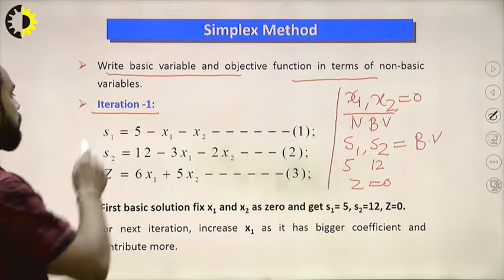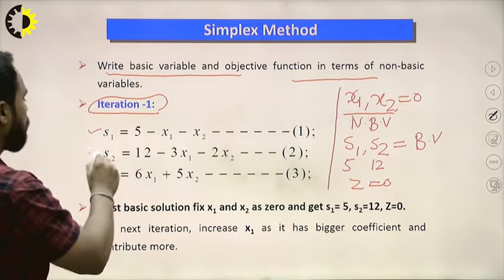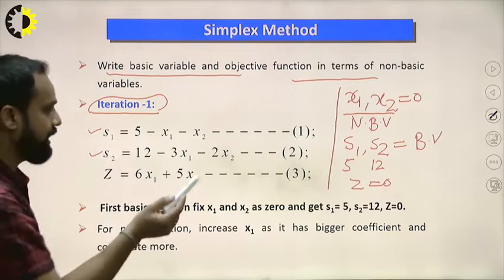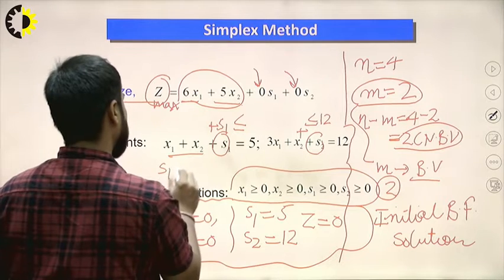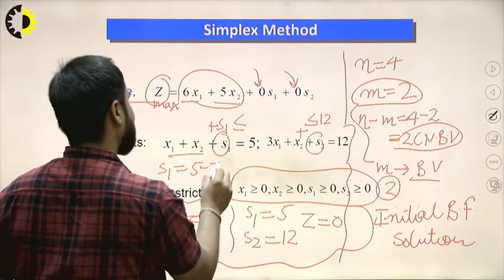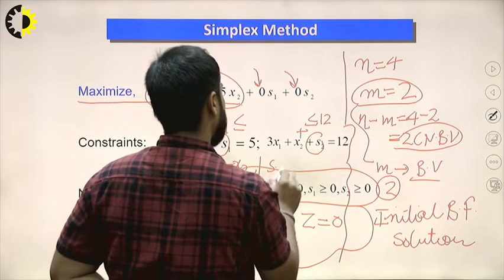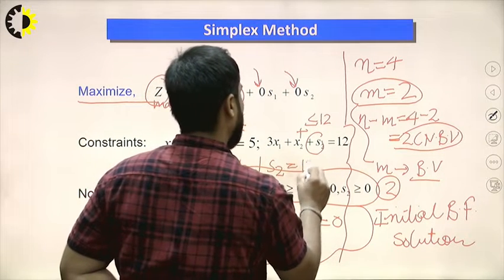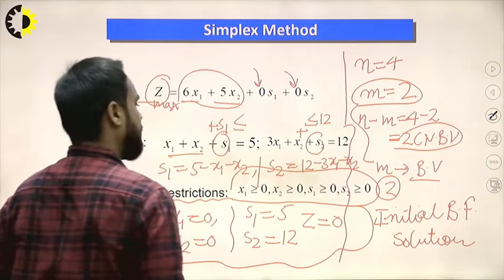In the first iteration, we have to write the basic variables in terms of the non-basic variables, right? So s1 is equal to 5 minus x1 minus x2. And s2 is equal to 12 minus 3x1 minus x2, right?